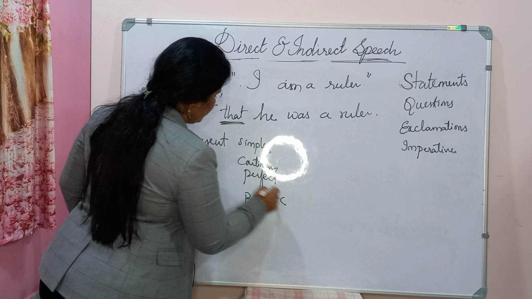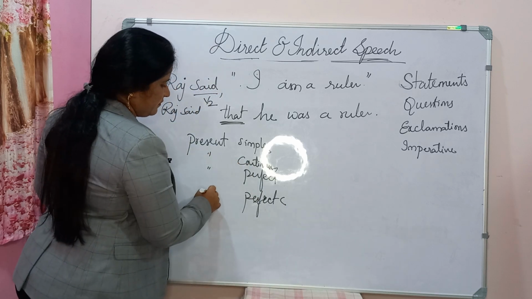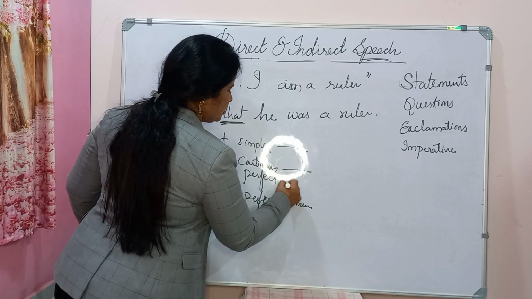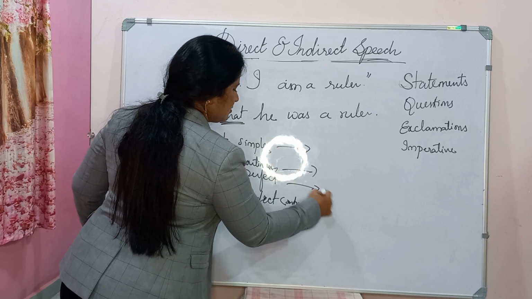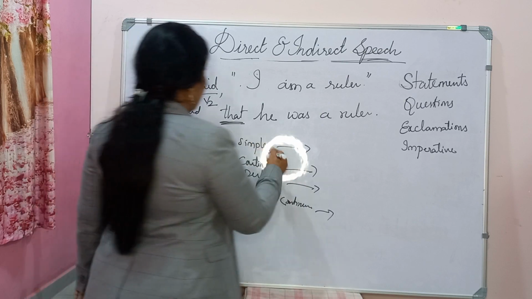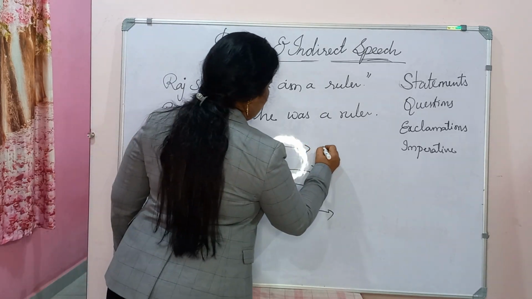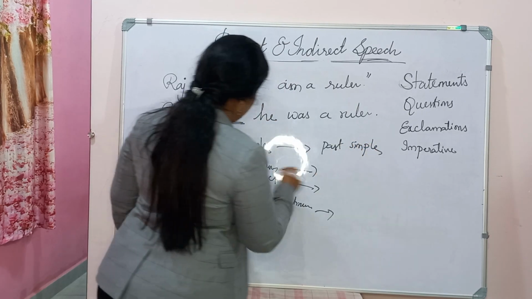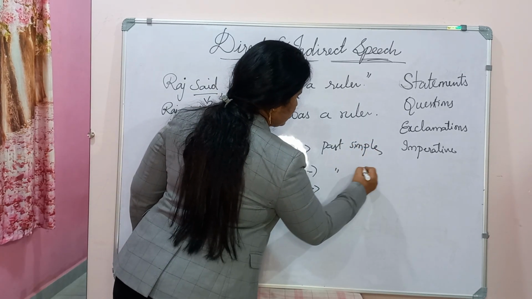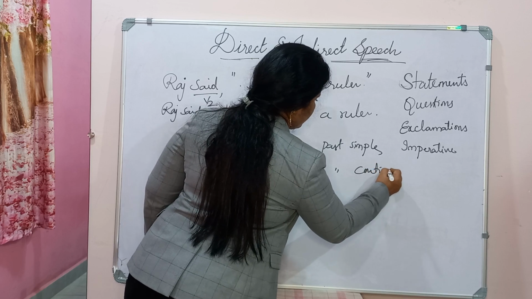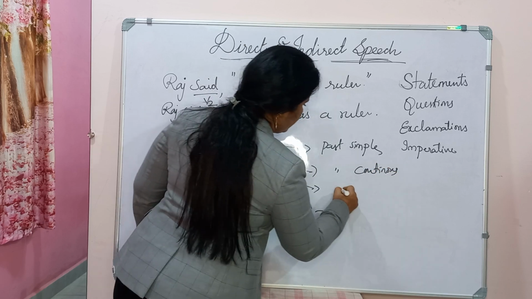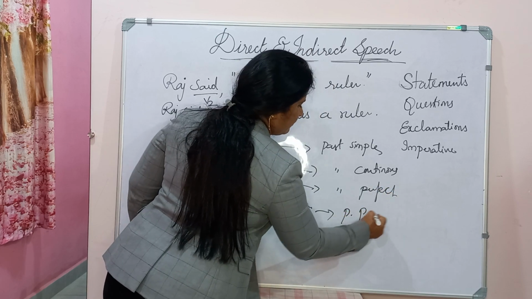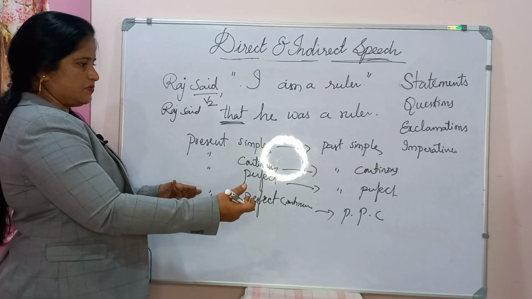Present simple, present continuous, present perfect, present perfect continuous. All four will change into the respective past tenses. Likewise, past simple, past continuous, past perfect, past perfect continuous. All these tenses will change into that.